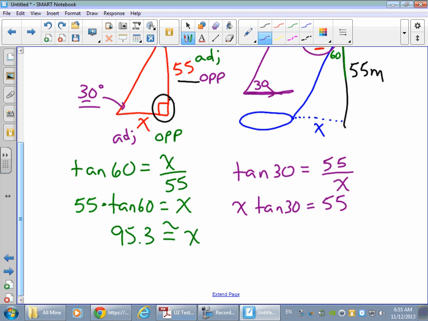Again, the x on the right side when I multiply will just cancel. And then essentially I'm going to divide through by the tan 30. And assuming I haven't done anything silly, I should get exactly the same answer. Okay, so just a few things I wanted to cover there.